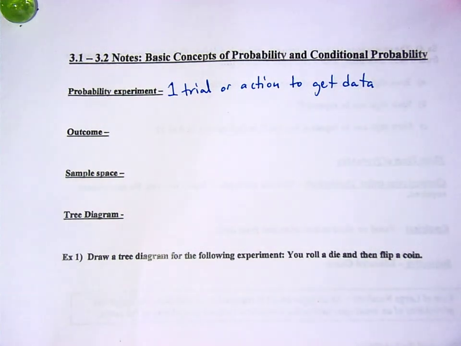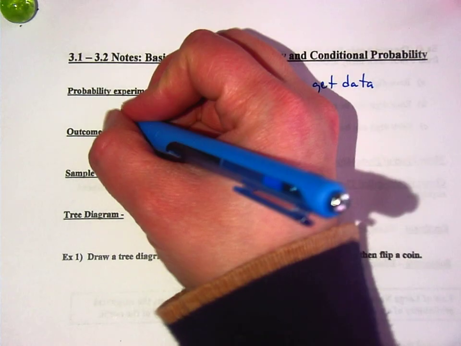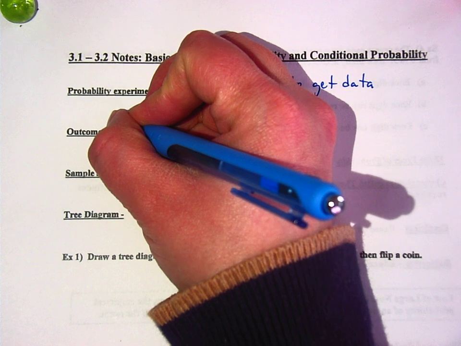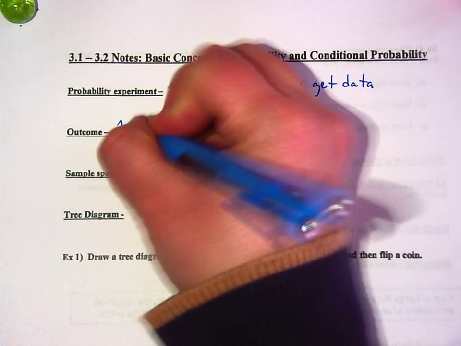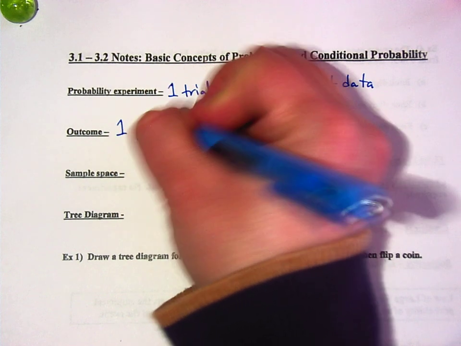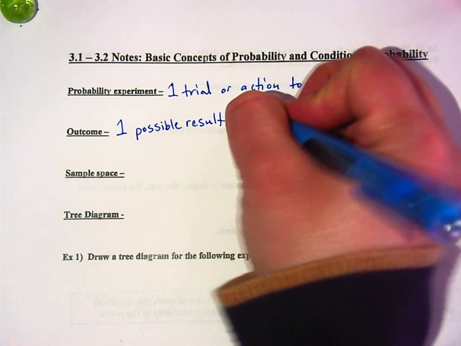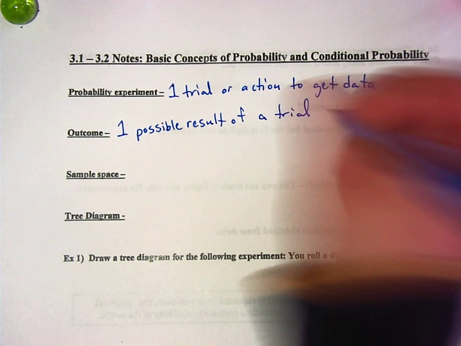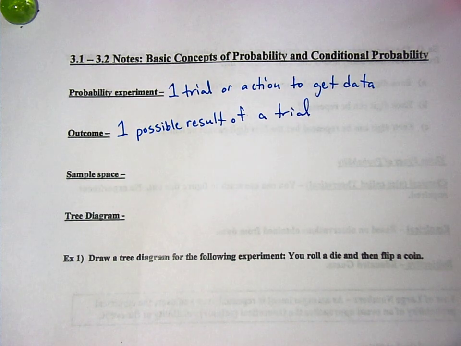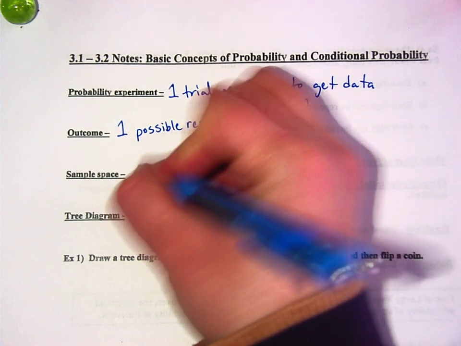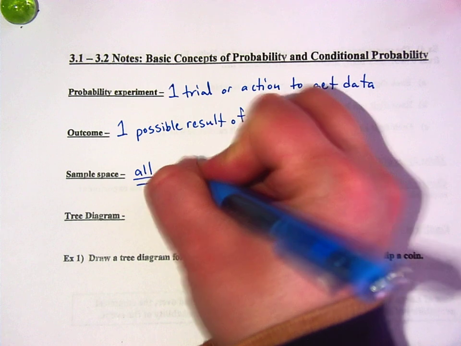An outcome is one possible result of a trial. A sample space is all possible results.